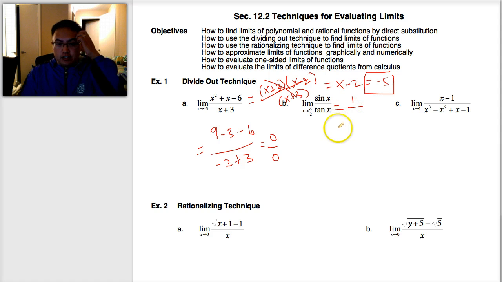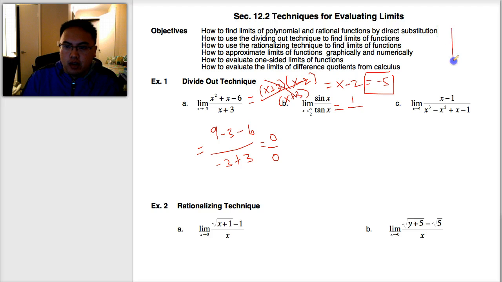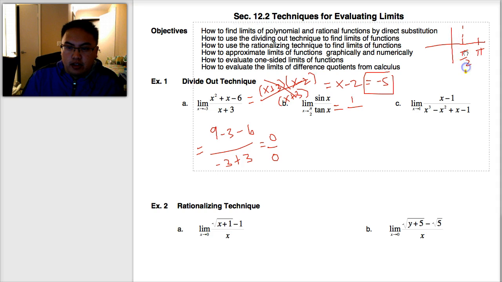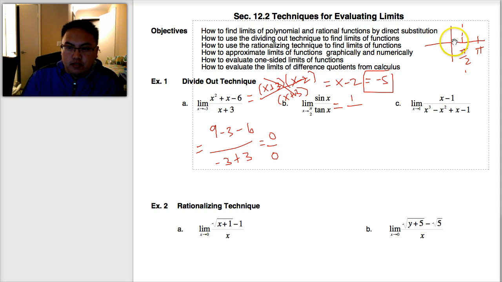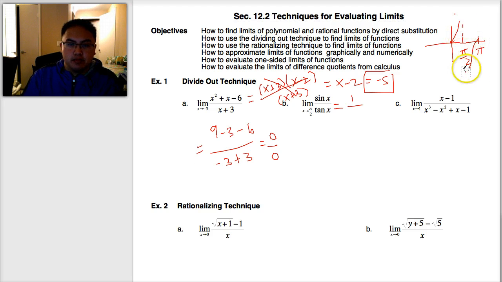And tangent of pi over 2, if you remember your graph, it's been a while, I had an asymptote, and pi over 2 is undefined. So, holy moly, how do I figure out 1 divided by undefined?